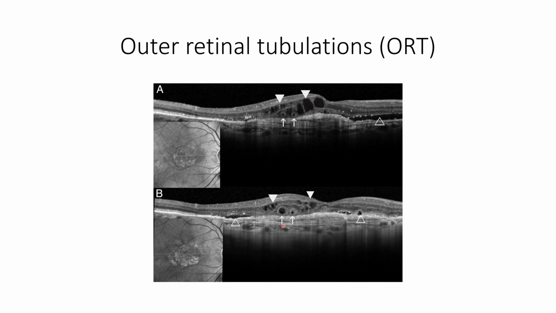And what I want you to understand and notice is that you have outer retinal tubulations, which are structures which have a cystic clear space and a hyperreflective cystic wall. These are an indication of end stage degeneration of retinal photoreceptors and indicate a poor prognosis. So this is a cystic space, but this is outer retinal tubulation.